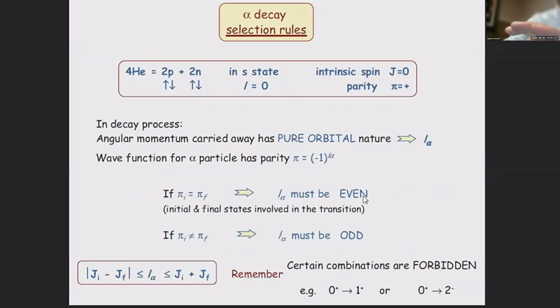Therefore, the possible L values an alpha particle can carry are between J final minus J initial to J initial plus J final. Therefore, certain combinations are forbidden. For example, 0 plus to 1 plus decay is not possible, or 0 plus to 0 minus is not possible. This is a conservation of parity, angular momentum, energy, mass, etc. Okay, therefore these are conserved.